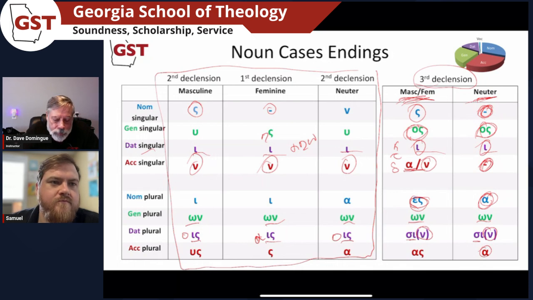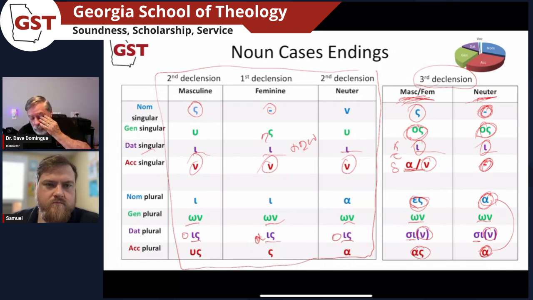It's just reversed, the iota sigma to sigma iota. And in our accusative, there's the alpha sigma and the alpha, which aligns with our noun rule, whatever number that is. I don't remember the numbers, but I remember the rule. The nominative and the accusative plural will be the same for the neuter.